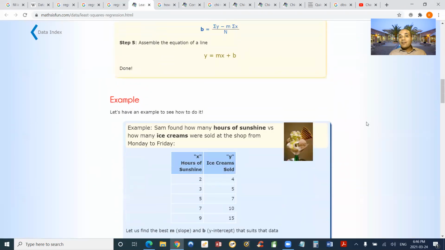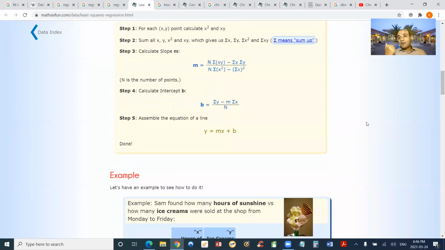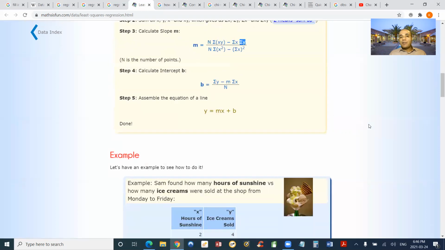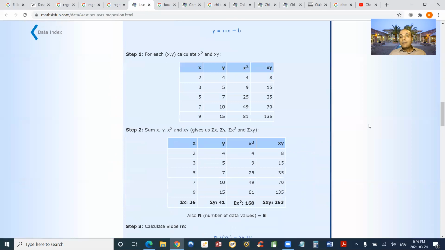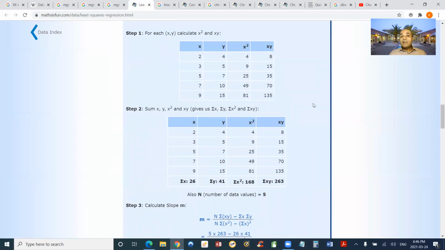If you follow this equation instead of the other one we spoke of, all you have to do is calculate the XY, sum up the X, sum up the Y, and you're on your way to calculate M and B. So what did we do here? In this approach, I'm going to do x to the power of 2, y to the power of 2, xy, and I'm going to sum them up.